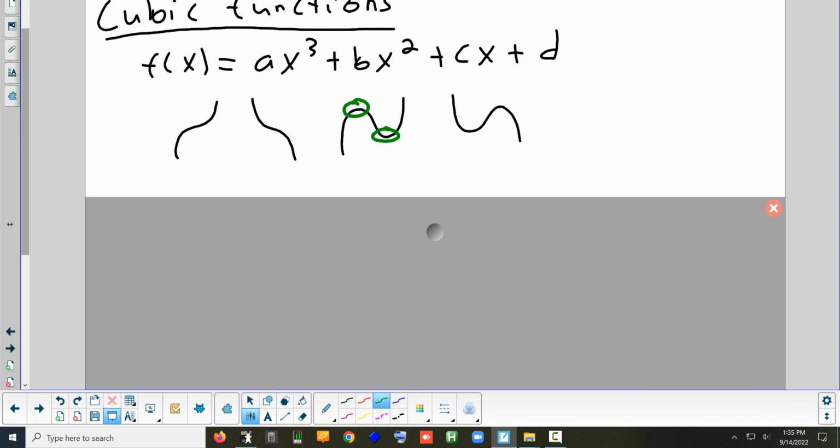What's the degree of a cubic polynomial? Yeah, third degree. If you subtract 1 from that, it tells you how many times the graph could turn. Not how many times it will turn, but how many times it could turn.